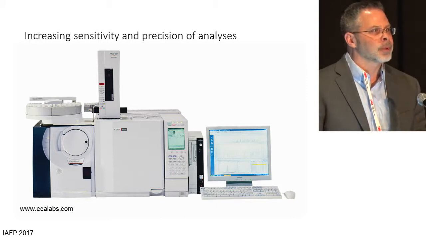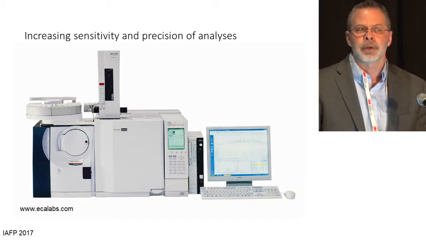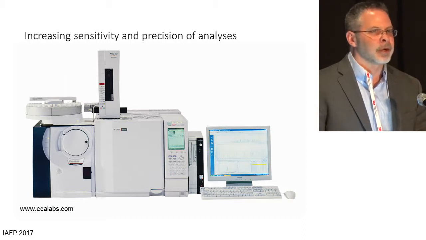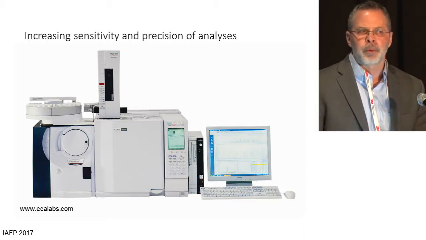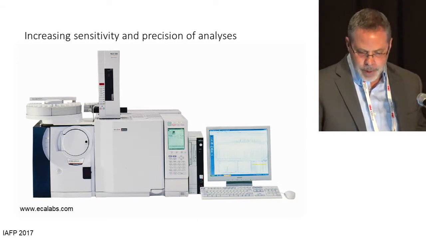And when we get more sensitivity, we begin to see things that maybe we didn't see before. These might not indicate greater risk, but it certainly makes it more difficult to meet a performance standard of absence when what absence means is changing based upon the analytical method.